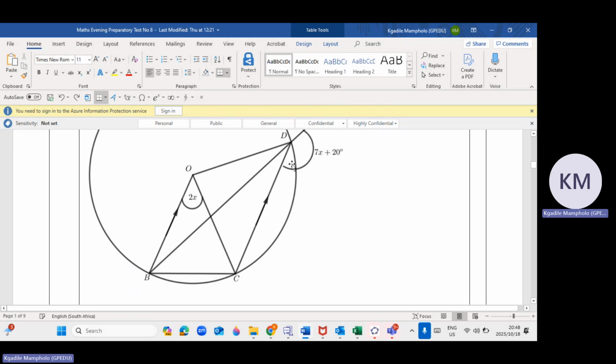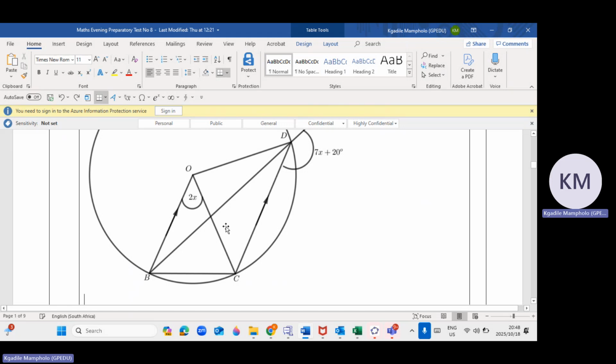Where do we start? You say, okay, the angle that is related to this 2x is angle BDC. So we know that the angle at the center of a circle subtended by an arc is twice the angle on the circumference subtended by the same arc.